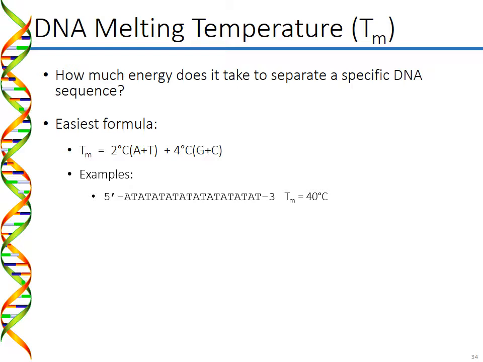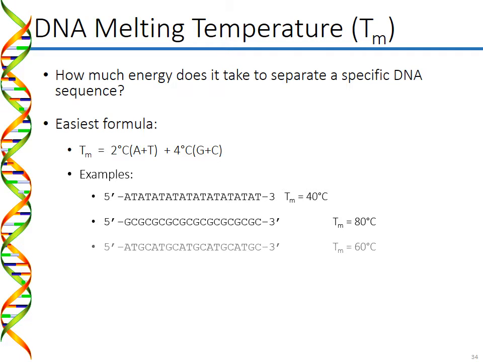And so 20 times 2 is 40. So that would give us a Tm for this particular sequence of 40 degrees Celsius. On the flip side, we have a sequence comprised of solely GCs. And so we would have 2 degrees times 0 plus 4 degrees times 20 nucleotides, and we would end up with 80 for a Tm.